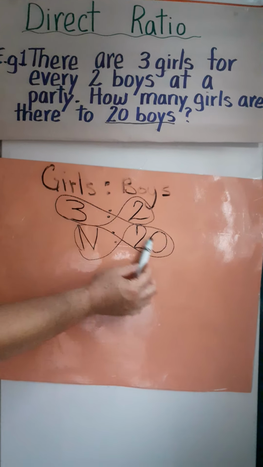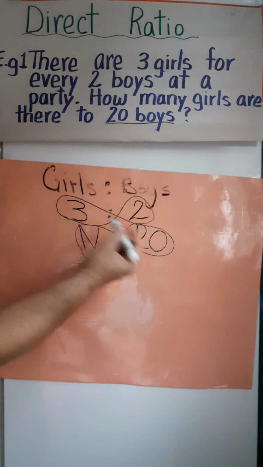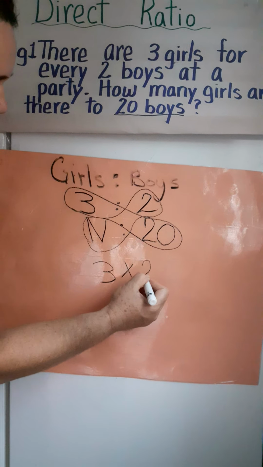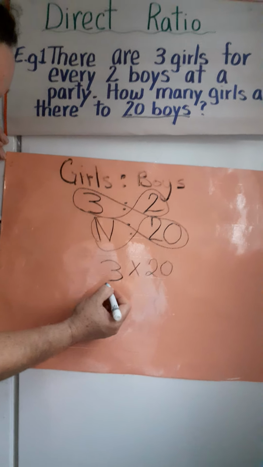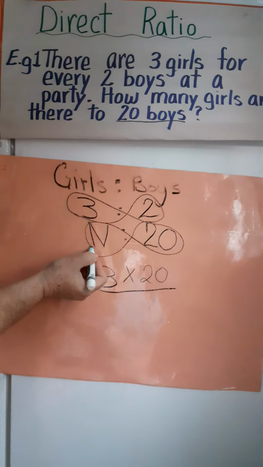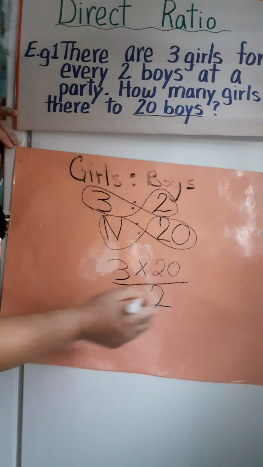Now this here match, the 2 numbers are together. So we say 3 times 20. Now we divide by 2, because 2 is partner with N. So we say 3 times 20 divided by 2.